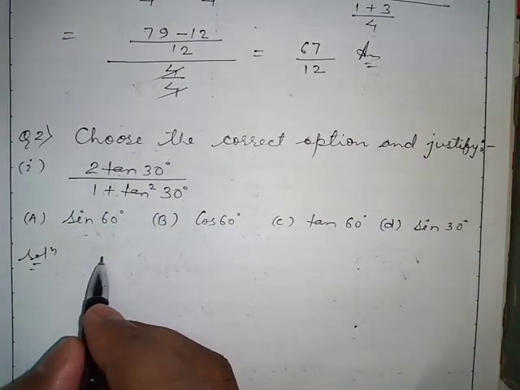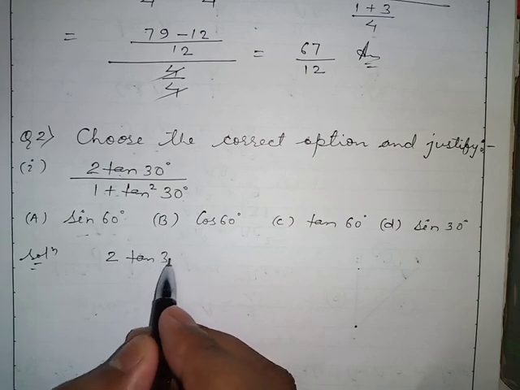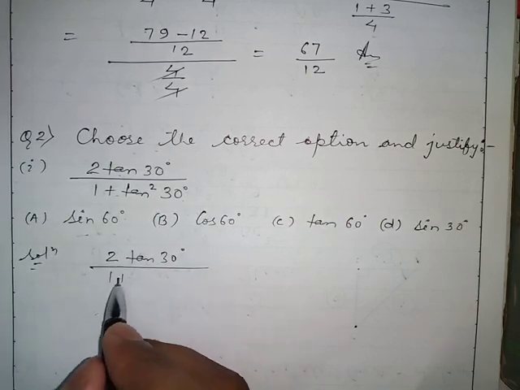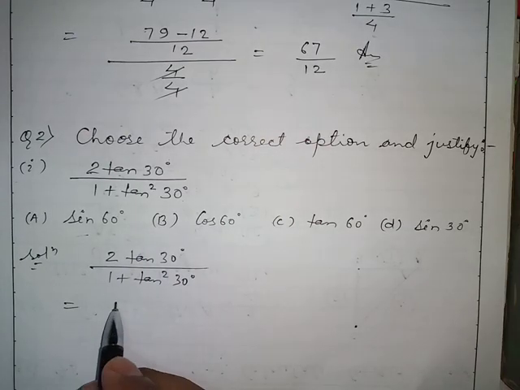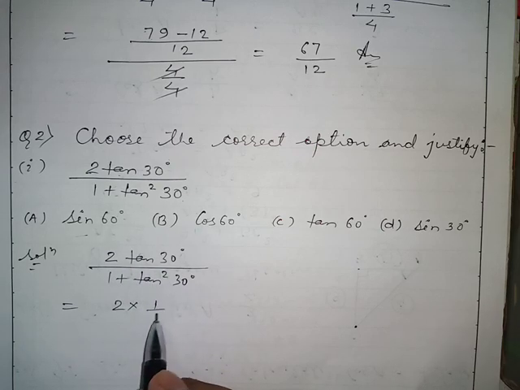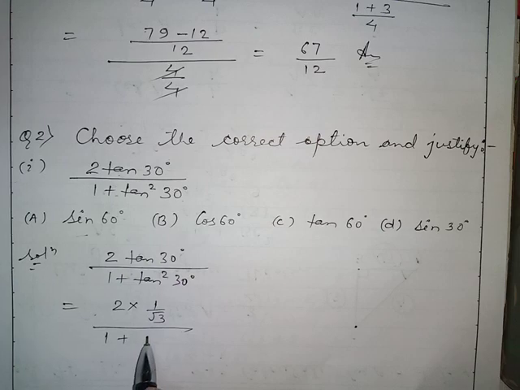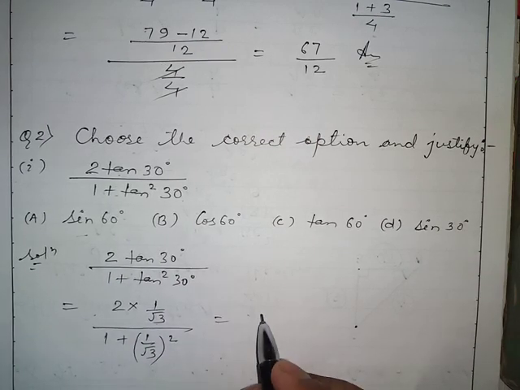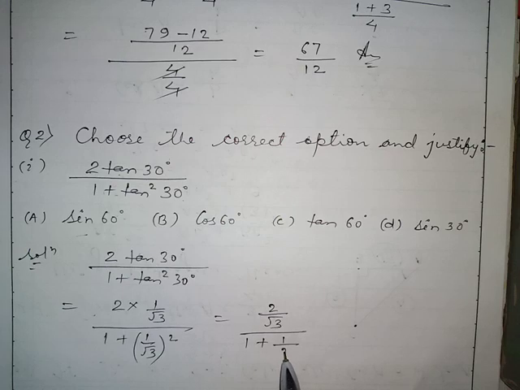So now see, here you will write 2 tan 30 degree upon 1 plus tan square 30 degree. So 2 into tan 30, we all know that the value of tan 30 is 1 upon root 3, by 1 plus tan 30 square, that means 1 upon root 3 square. So this becomes 2 upon root 3 by 1 plus 1 by 3.